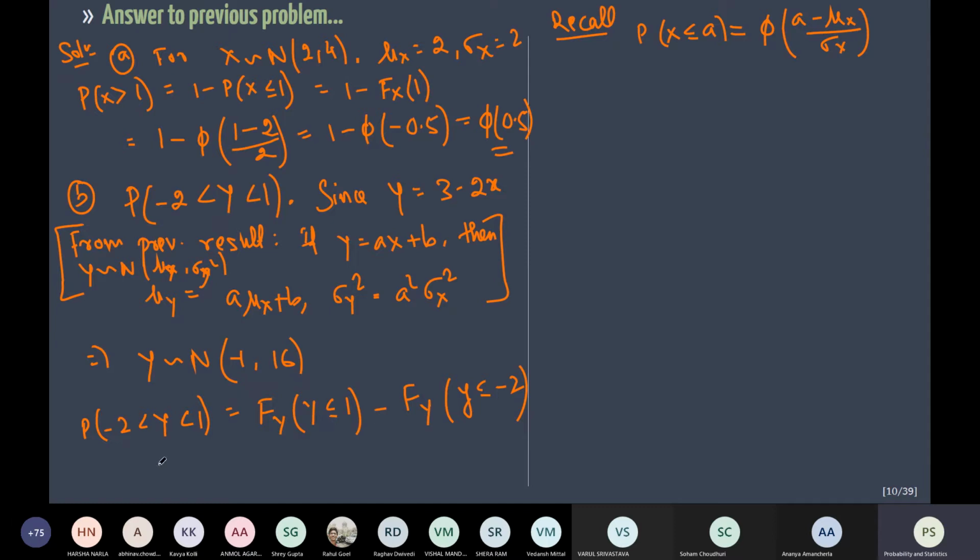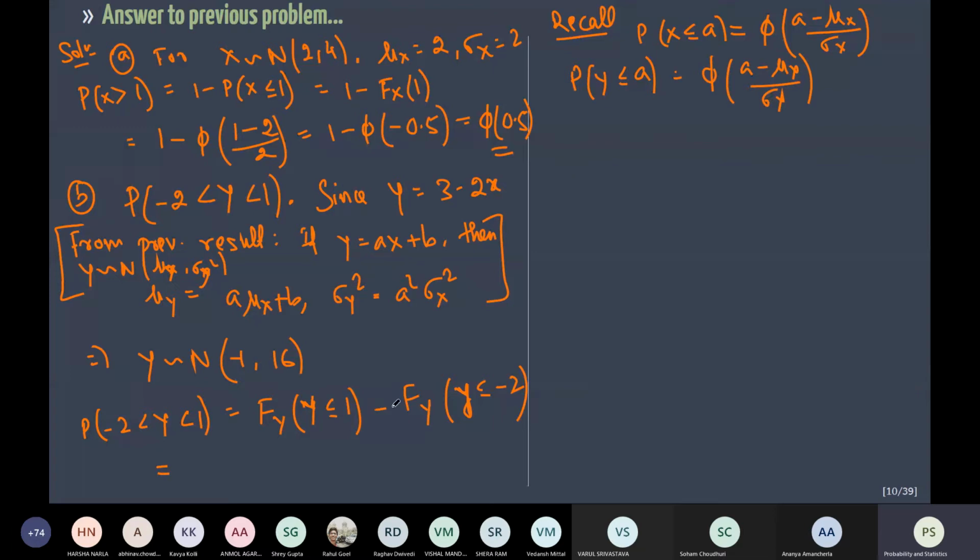Now we apply the phi function here. We have to do the proper scaling with mu y and so on. In terms of the y variable, for y less than or equal to a, we have a minus mu y divided by sigma y.